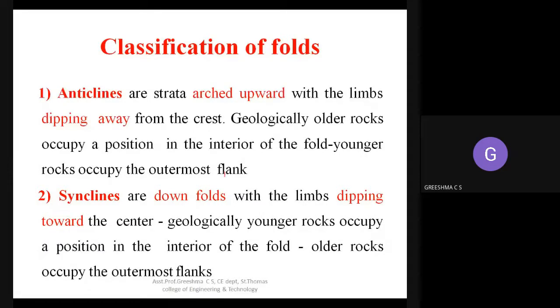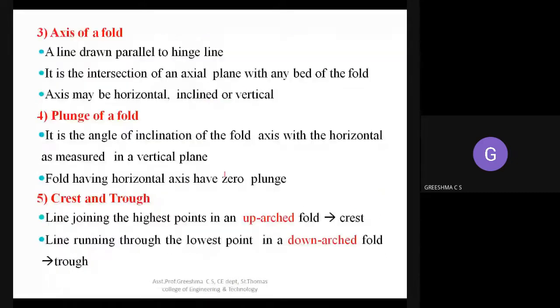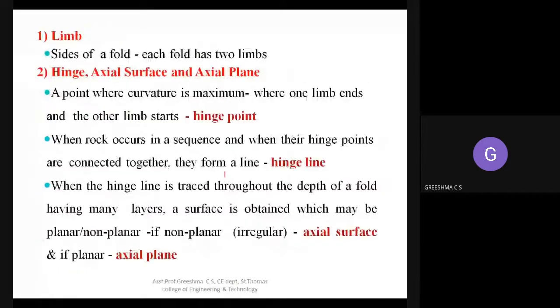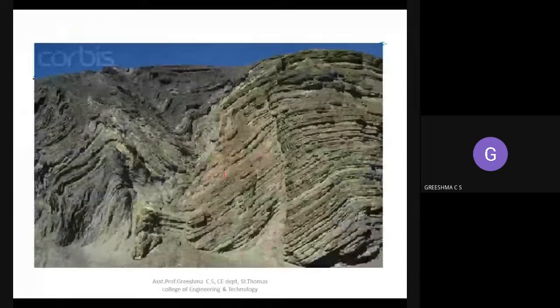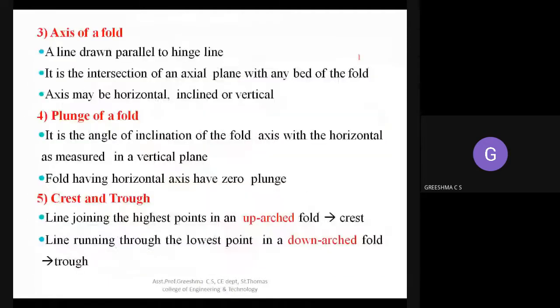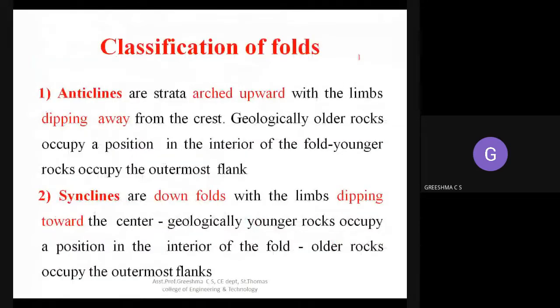If you take a rock structure like this, the innermost portion will generally have older rocks, and if you go to the exterior portion, it has younger rocks. In anticlines also, the older rocks occupy the interior portions and younger rocks the outermost portion.